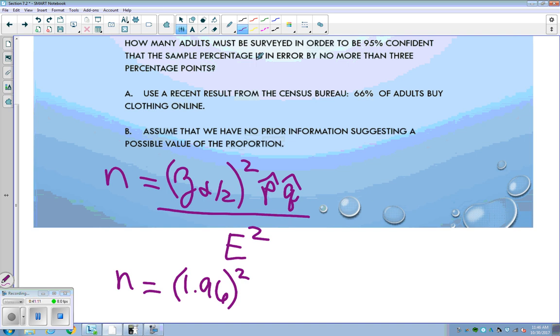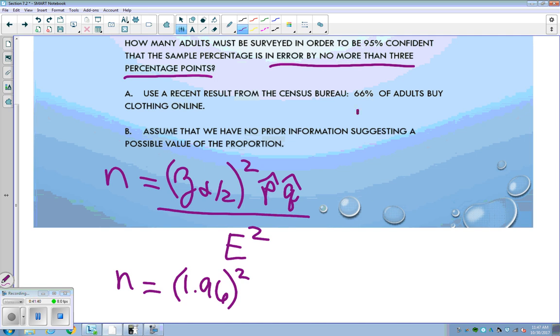And it says up here in my problem that I'm going to have an error of no more than 3 percentage points, right? Then part A says use a recent result from the Census Bureau that 66% of adults buy clothing online.